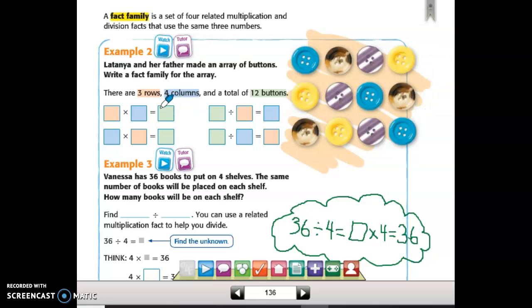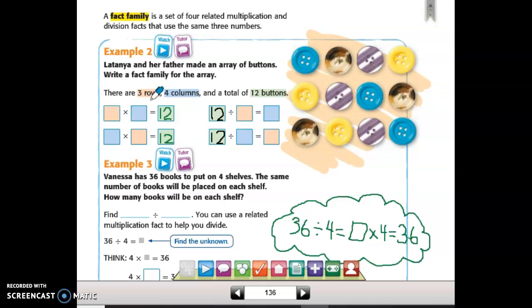So 12 is our total. Since that's the largest number, I can just go straight to writing it in the answer of the multiplication and the beginning, the divisor of the division problems.